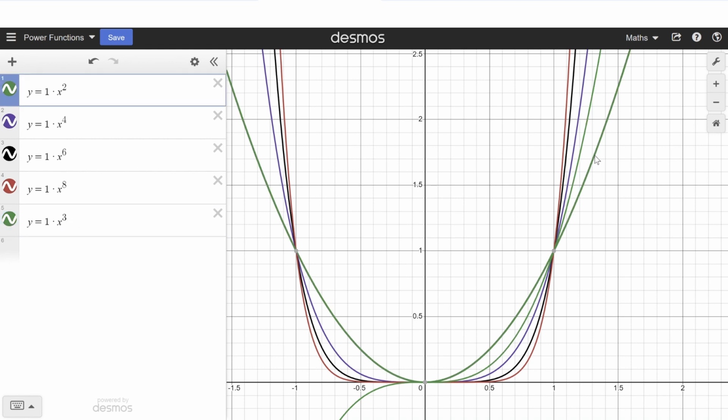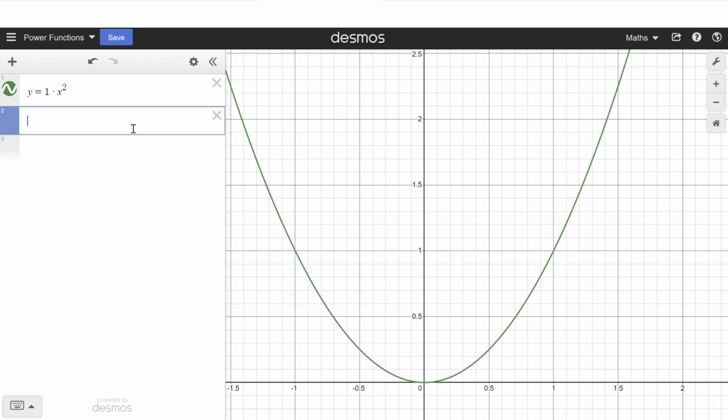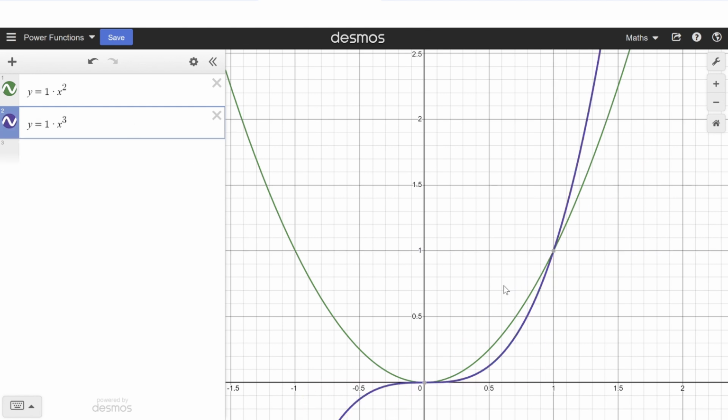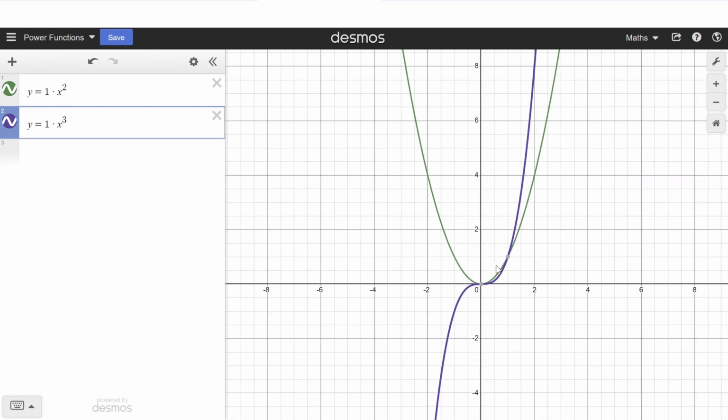So as you can see, this new graph over here, if we compare these two graphs, y equals 1 times x squared and y equals 1 times x cubed, we see that the graphs are completely different from each other.